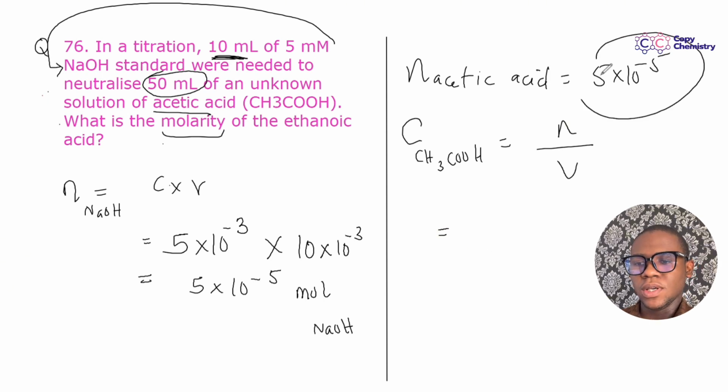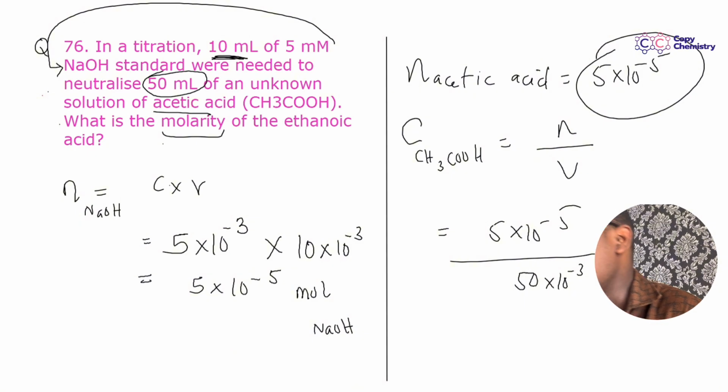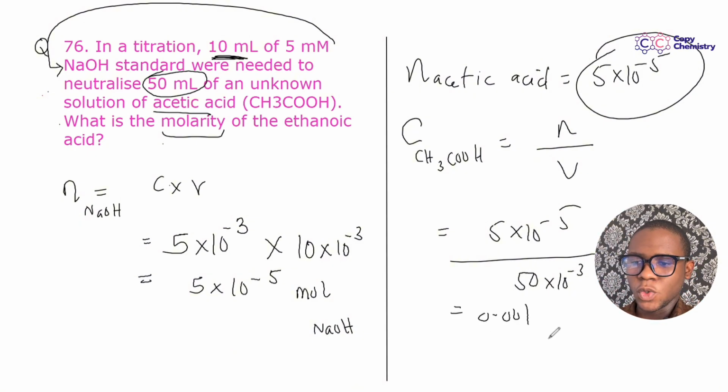So we'll pick this one here, that's our number of moles, and the volume of ethanoic acid is 50 milliliters. And then we'll calculate all that. So that should give us 0.001 mole per liter, or capital M. And this is the answer to the question.